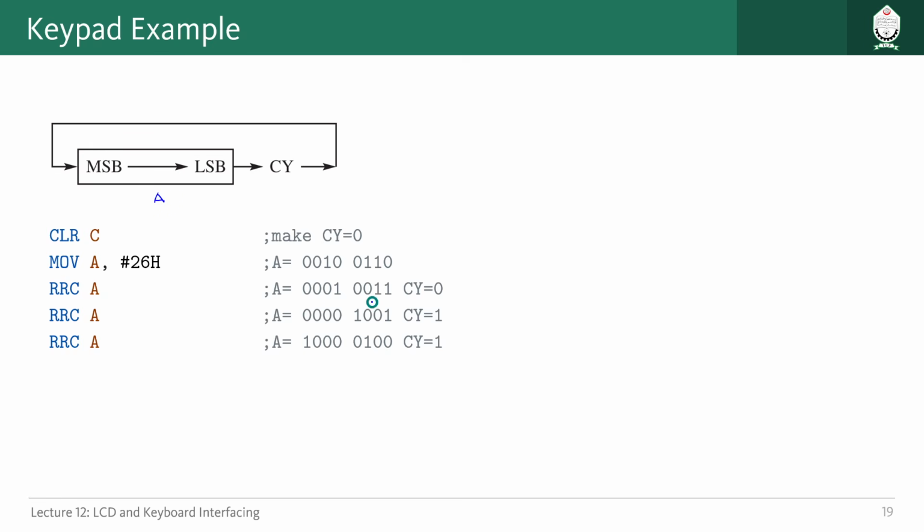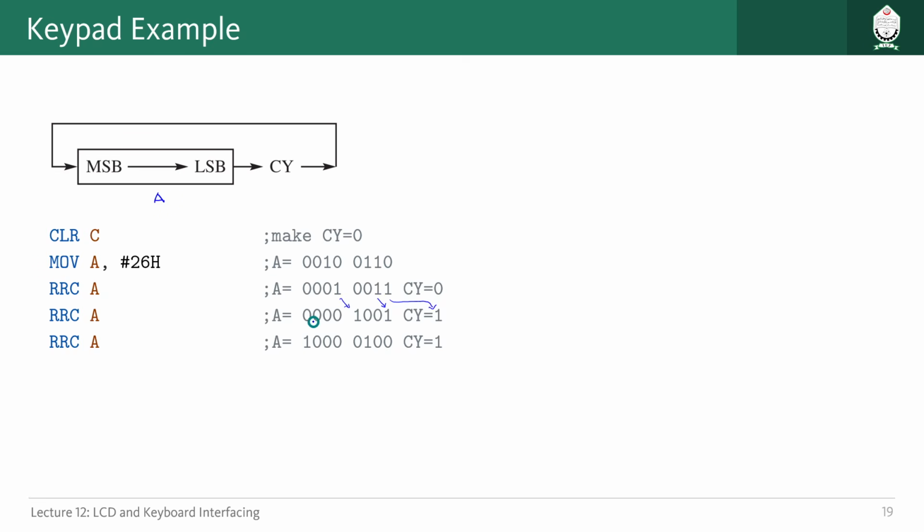Then again, on this current value of register A, if we execute rrc, we are going to see that everything again shifts towards the right by 1 bit. You see this 1 will come here, this 1 will come here, and the one we had here will go into carry, and carry, which previously had 0, will come here.